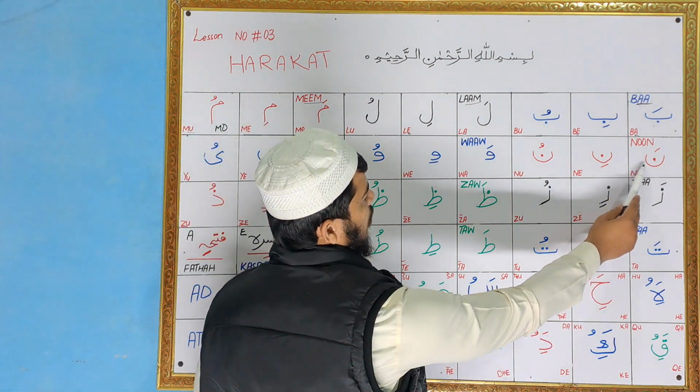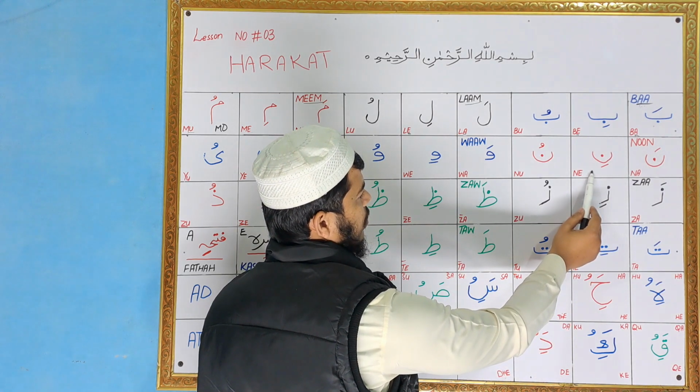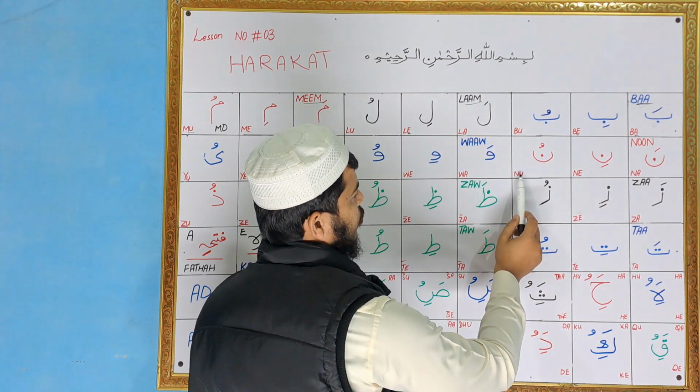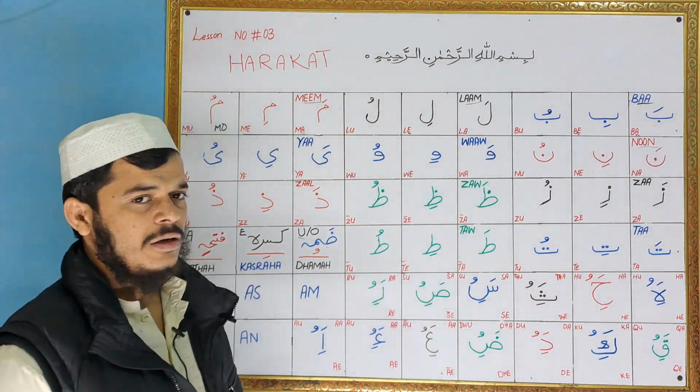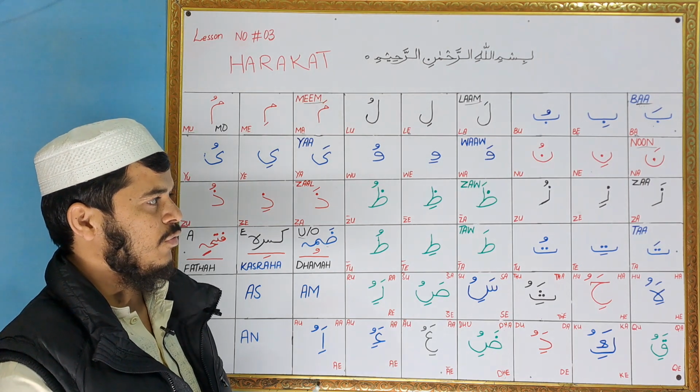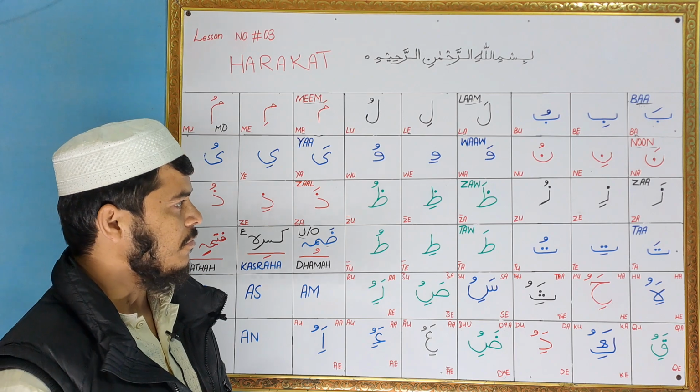So noon fatha, na. Noon kasra, ni. Noon dhamma, nu. You see this double o and n sound, it is just elongating the sound, so we are going to replace it with the fatha, kasra, dhamma sound.